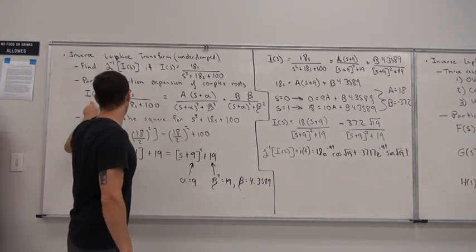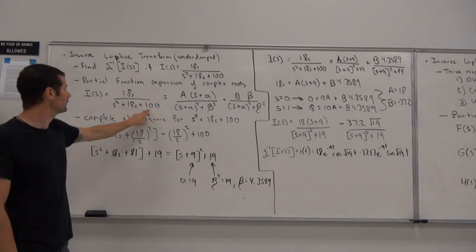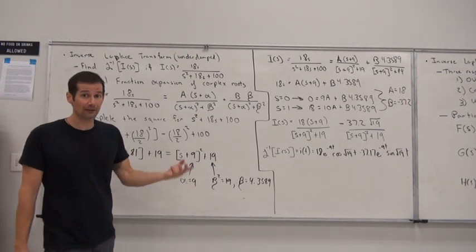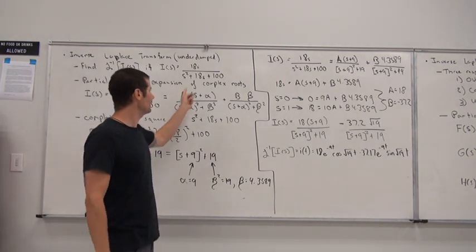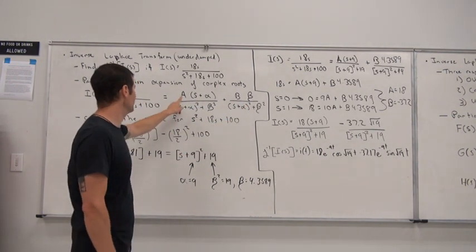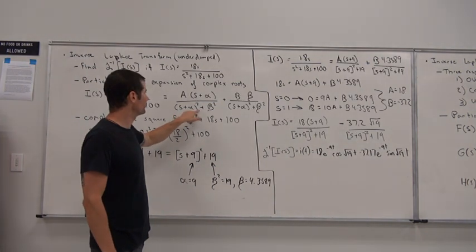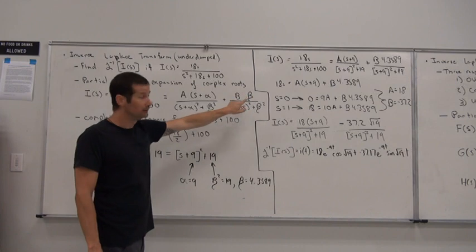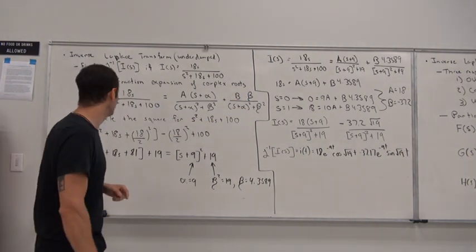So again, I of s equal to 18s over s squared plus 18s plus 100. The partial fraction expansion of that is actually given within the book, which did a very good job of that for us. It equals A times s plus alpha over s plus alpha squared plus beta squared, plus B times beta over s plus alpha squared plus beta squared.